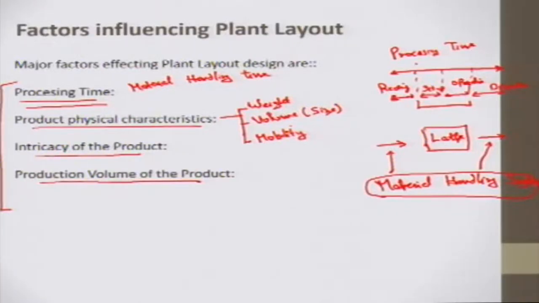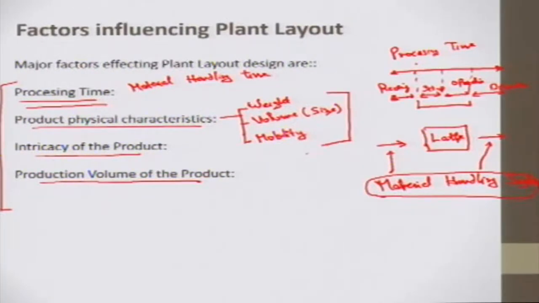So if the final product is quite heavy or difficult to handle, involving costly material handling equipment and a large amount of labor, an important consideration will be to give the product minimum possible movement.